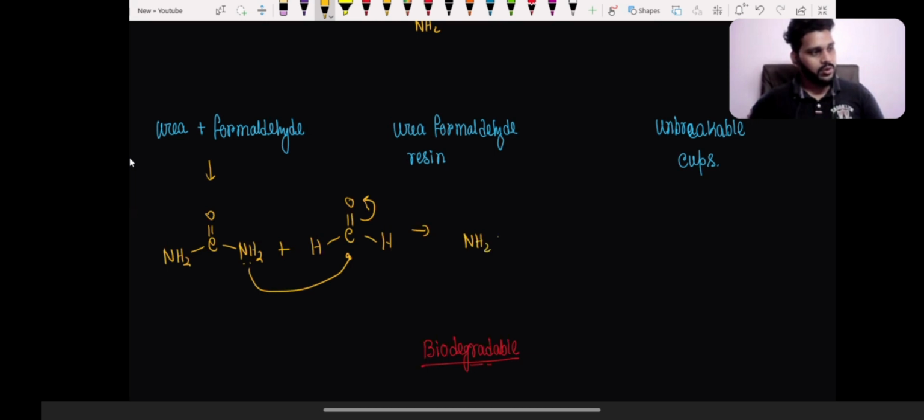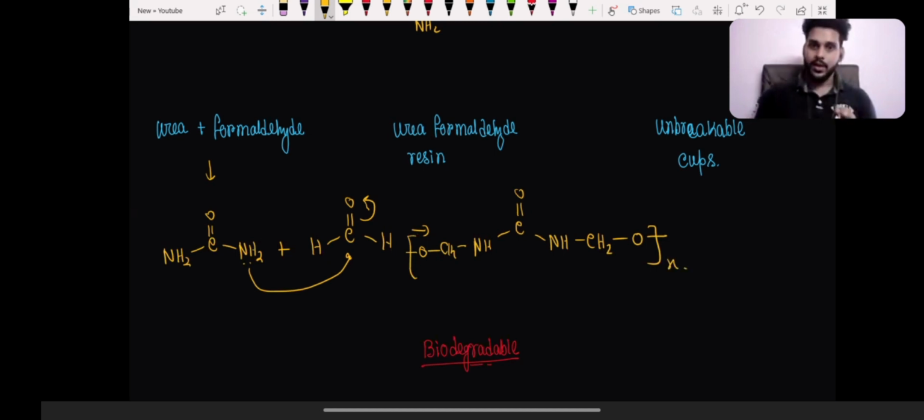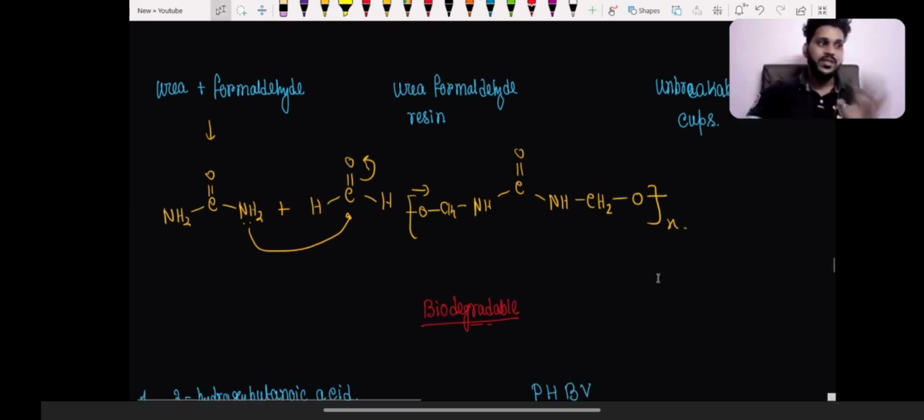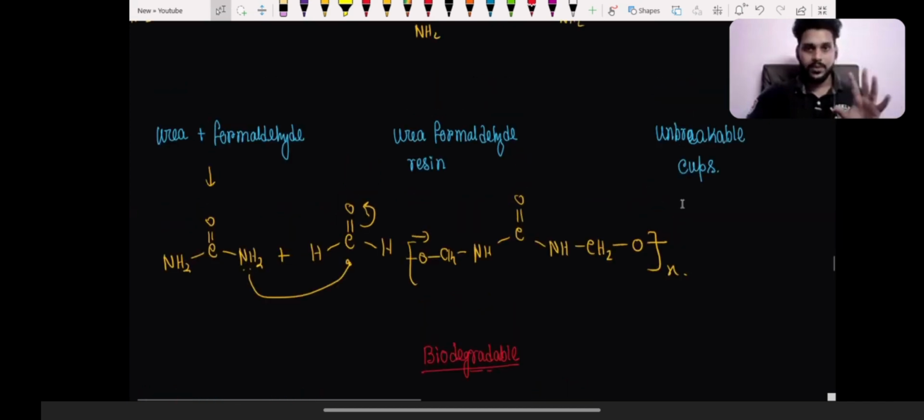NH2, C double bonded O, NH, CH2, O polymerized. On the right hand side as well, that can happen. So NH, CH2 polymerized. Okay, this is urea formalin. So this is also unbreakable crockery. We make it from there.